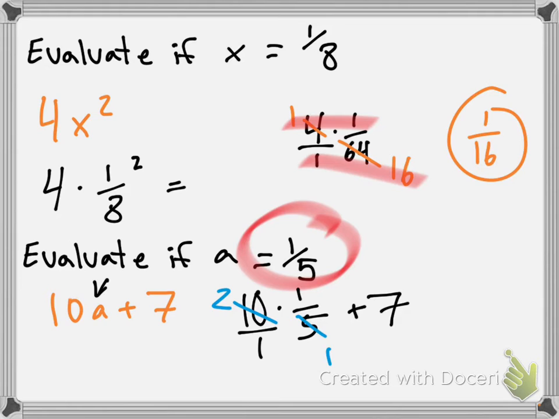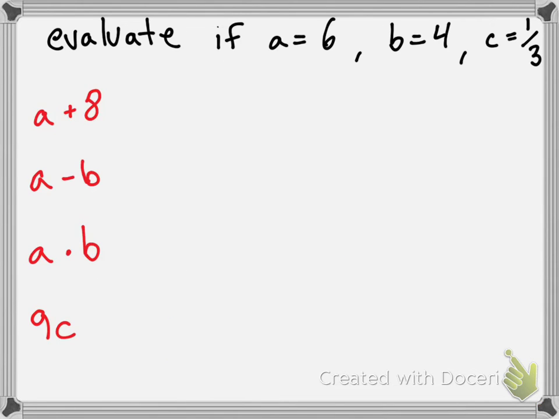And then what? And then I multiplied 2 times 1, which got me 2, and 1 times 1, which got me 1, so I got 2. And then 2 plus 7 is 9. Excellent. 2 plus 7 is 9. So that's exactly how we do it. We just plug it in and solve it that way.